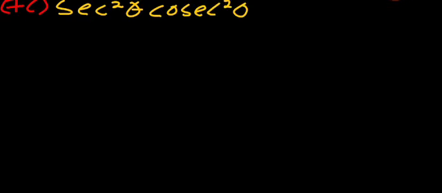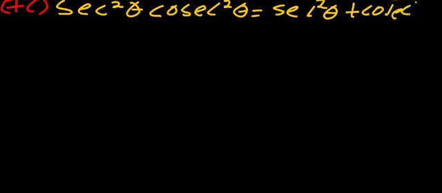Question 7c. So question 7c, we've been given the identity secant squared theta times cosecant squared theta is equal to secant squared theta plus cosecant squared theta.